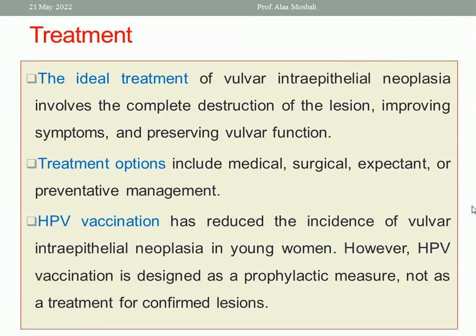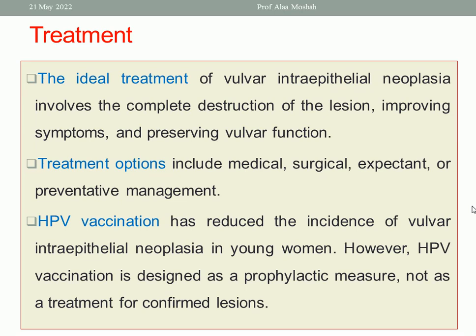What about the treatment of vulvar intraepithelial neoplasia? The ideal treatment involves the complete destruction of the lesion, which will improve the symptoms and preserve vulvar function. What are the options in treatment? Medical, surgical, expectant, and preventive.